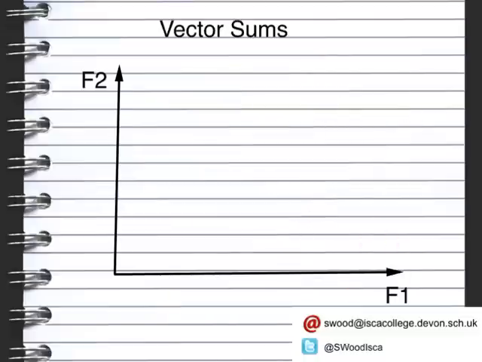Now, if we have two forces, one direction this way, one direction this way, the resultant force is going to be going in this direction. So this is going to be Fr.